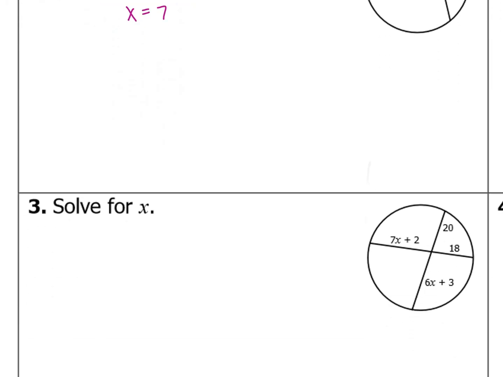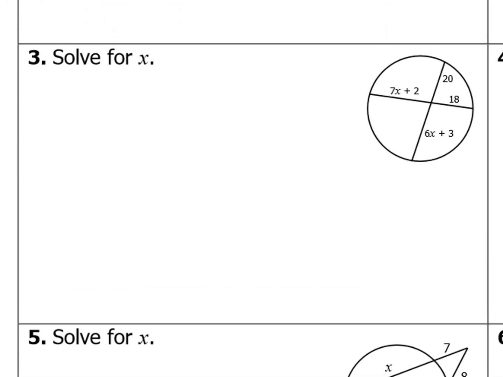All right, so now if we throw in some variables, we're going to have 20 times 6x plus 3 equals 18 times 7x plus 2. Sorry, not 17, 7.